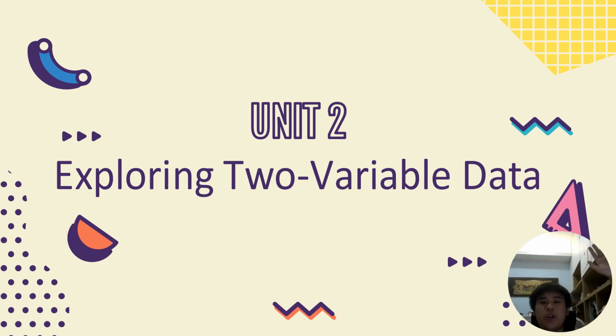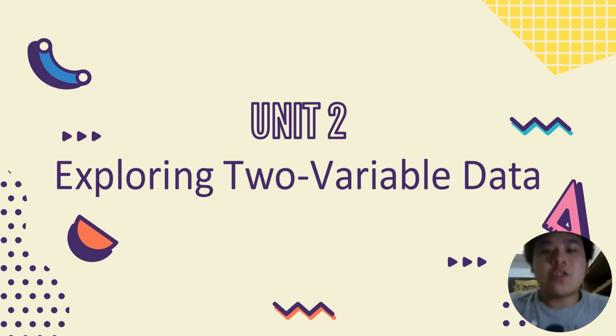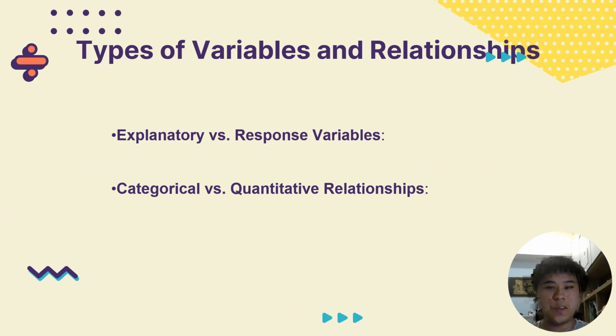Let's go into Unit 2, exploring two-variable data. First of all, explanatory versus response variable. An example for an explanatory variable: in a study examining the effect of study hours on test scores, the number of study hours would be the explanatory variable.